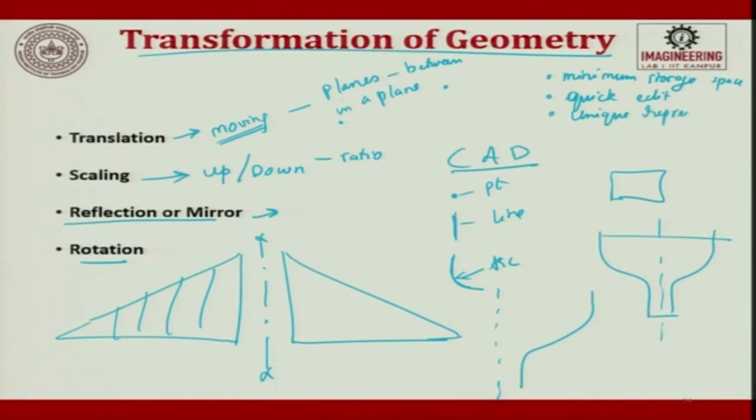These are the 3 things which we will always look at while buying a CAD software. So, when I say minimum storage space, I define an arc, I define an axis and I say please rotate it, so you get a cup. This is a cup, this is an arc, this is the axis. Okay. So, I get that.